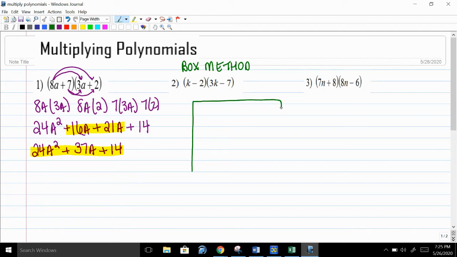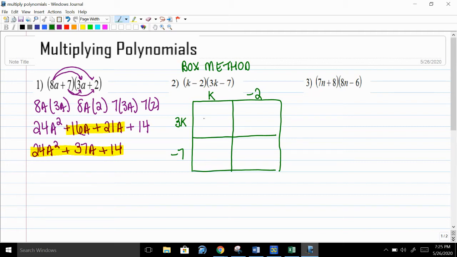So you're going to have a box, and you're going to split that box into four pieces. Now, it doesn't really matter where you go, but if you want to go on the top with the first binomial, you'd have a k and a minus 2. And then on the side, you're going to go with your second binomial, which is 3k and negative 7. And then basically you match them with what matches up with each box.